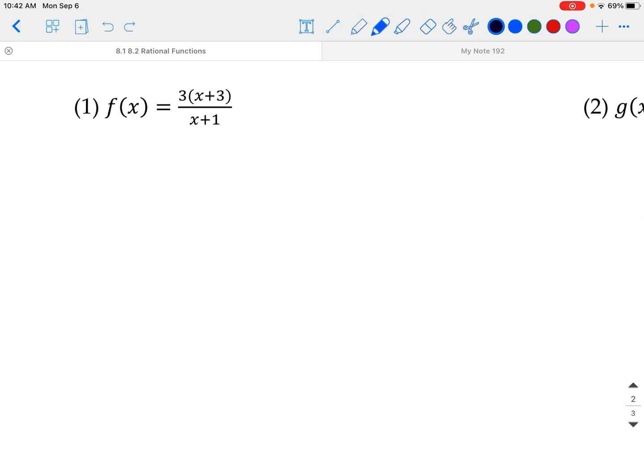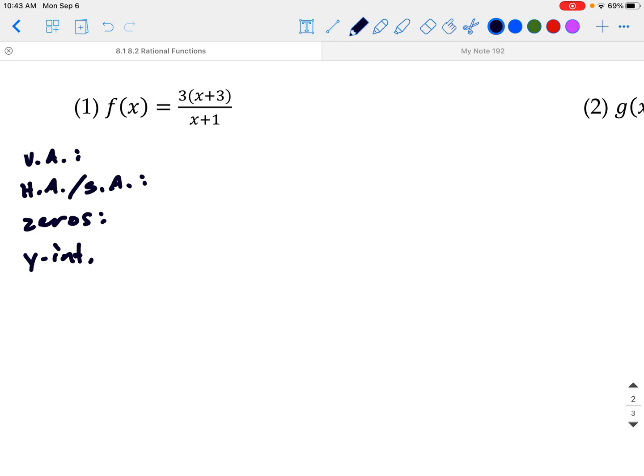Number one's pretty simple. We can see that nothing is going to cancel here, so this graph will not have any holes, but we're going to look for all the other things. In general, my recommendation is to organize somewhere: vertical asymptotes, horizontal or slant asymptotes, zeros, and maybe the y-intercept as well might be useful.